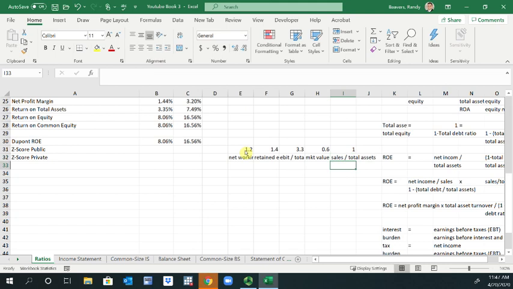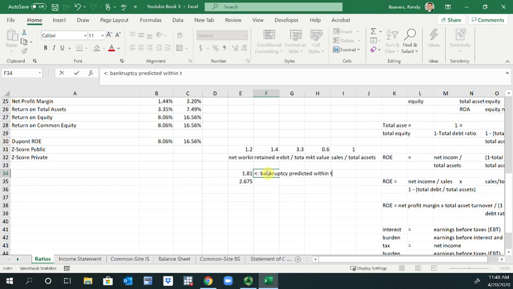So what this model does is it predicts whether or not financial distress is going to occur, but specifically bankruptcy. So when you calculate this, 1.81 and 2.675 are the measures. If it's less than 1.81, that means bankruptcy predicted within the year.